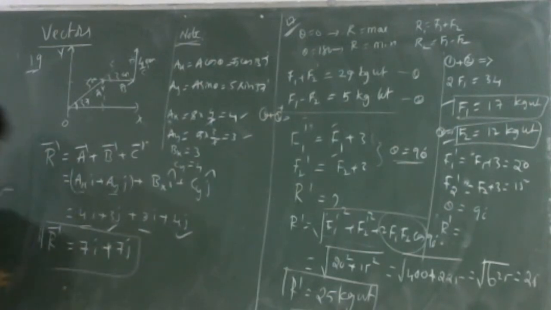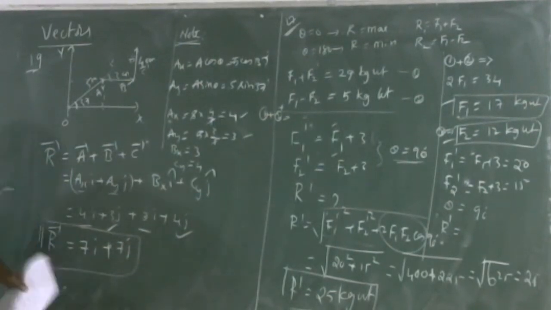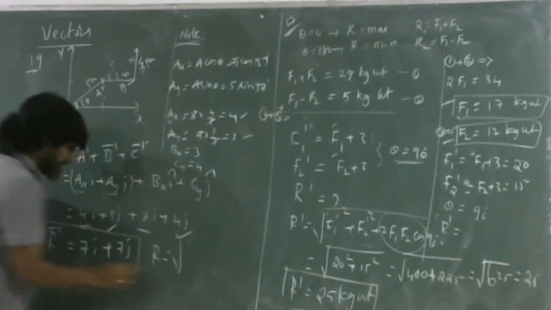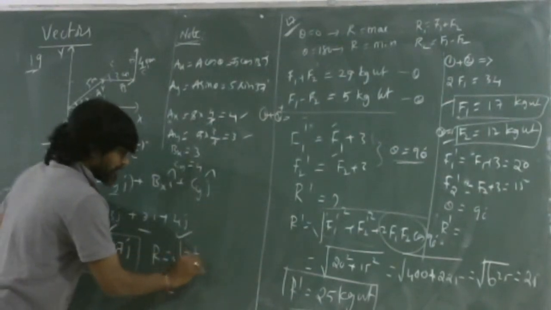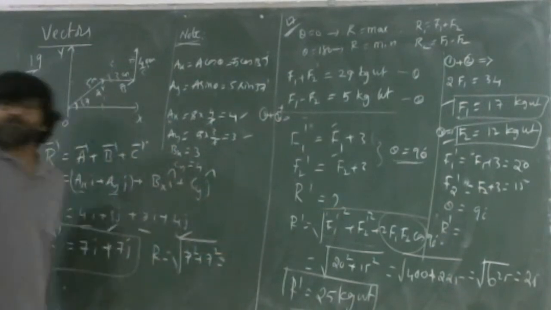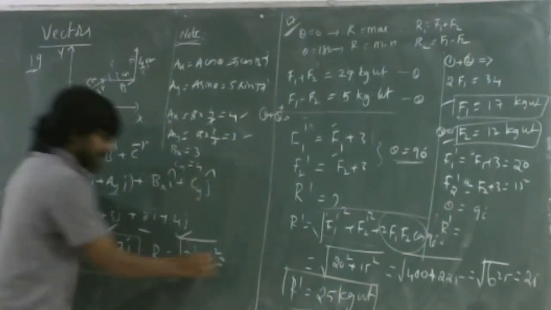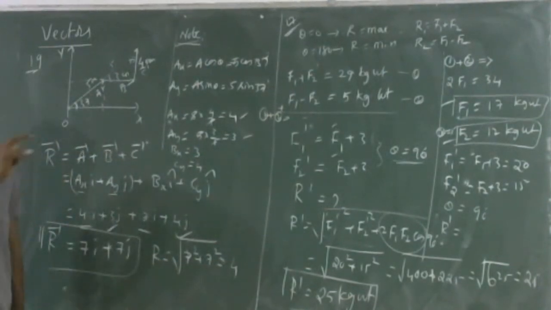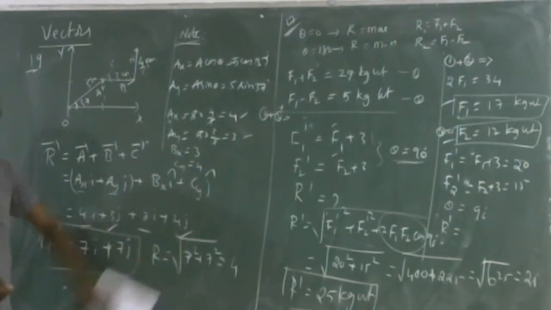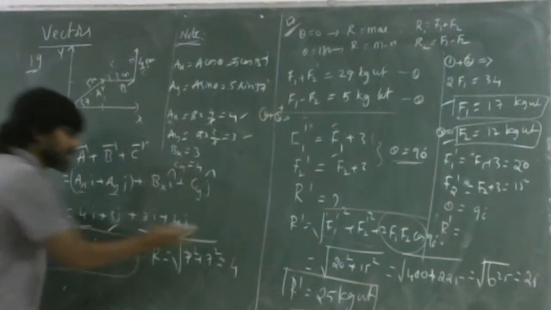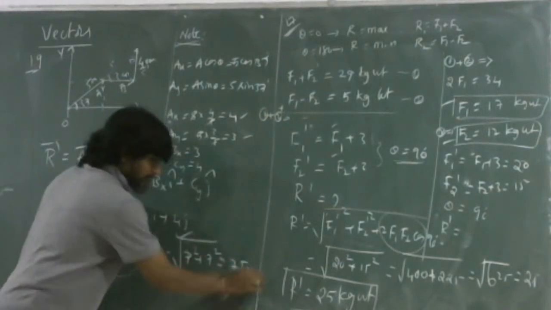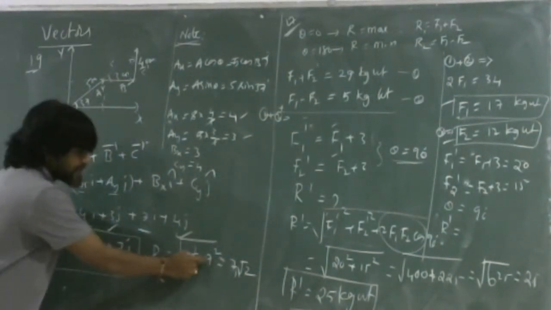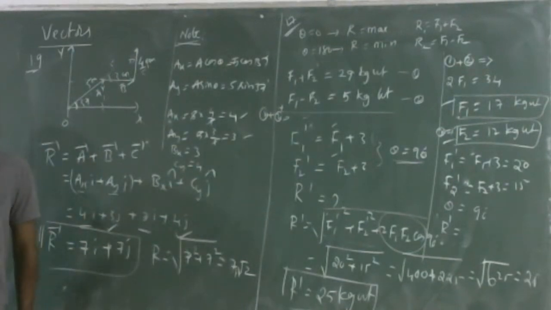They are asking to find the magnitude only, right? So the magnitude of this, r, is equal to the square root of this square plus this square. 7 square plus 7 square, 49 plus 49. Or you can say 2 into 7 square, and 7 square you can bring out.